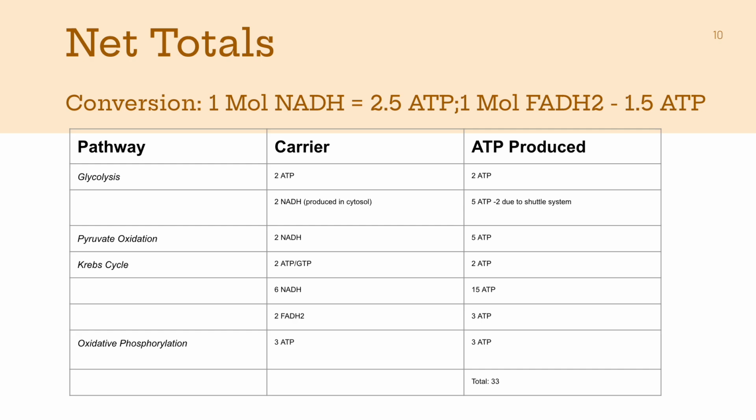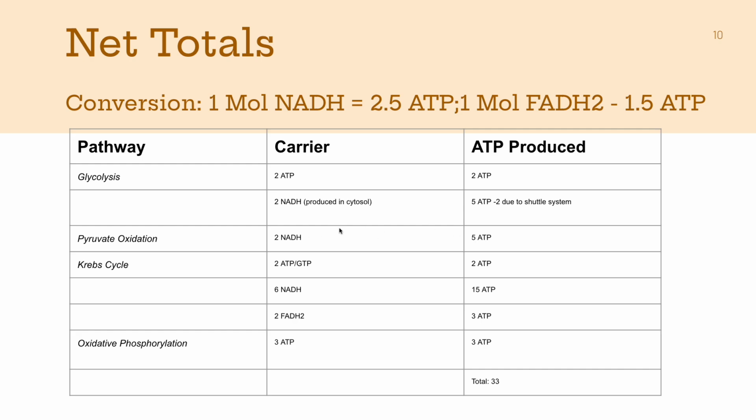So it can't get in on its own. It needs a shuttle system to get it in there, and ultimately that's going to require energy. So we will produce something like 3 to 5 ATP here. For this case, we're going to presume that we'll lose a couple ATP due to this shuttle system, and that'll knock our count down.